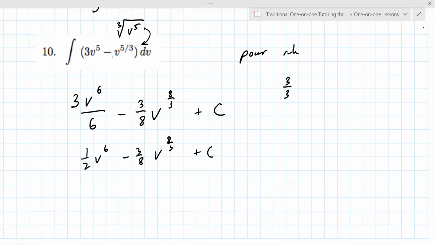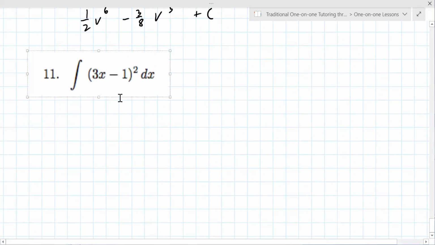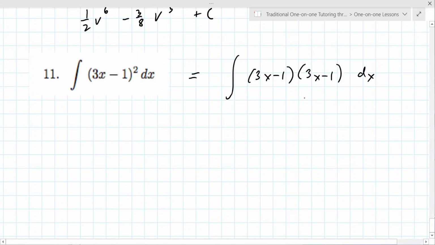Okay, so we're going to look at 11, and there are actually 2 ways to do 11. When you first learn about antiderivatives and you didn't know anything else, the only way to do this problem was to FOIL this first and then do the antiderivatives, which is correct. There's actually nothing wrong with that.